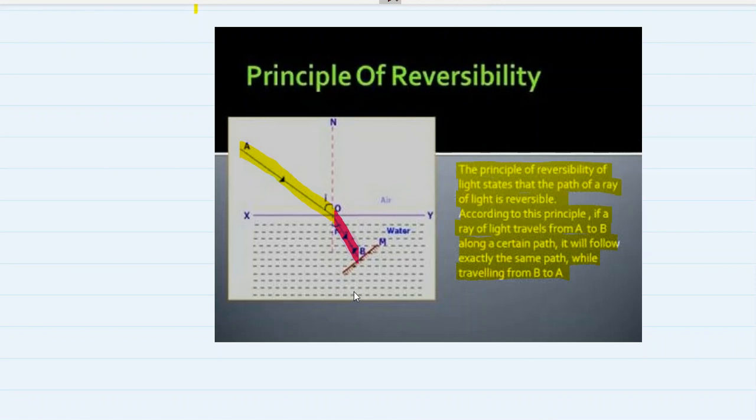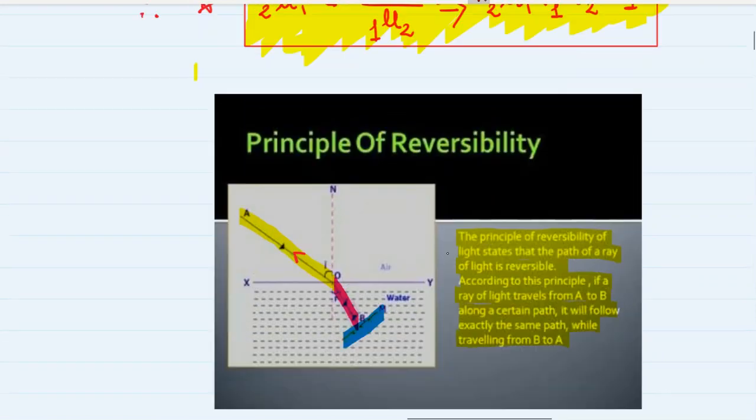So it has bent. But if you put a mirror in water such that the ray of light strikes the mirror normally, perpendicularly, then it would reflect back along the same path. Now the reflected ray in water has become the incident ray, and it would follow the same path when it exits into air and travel along the same line through which it entered initially.